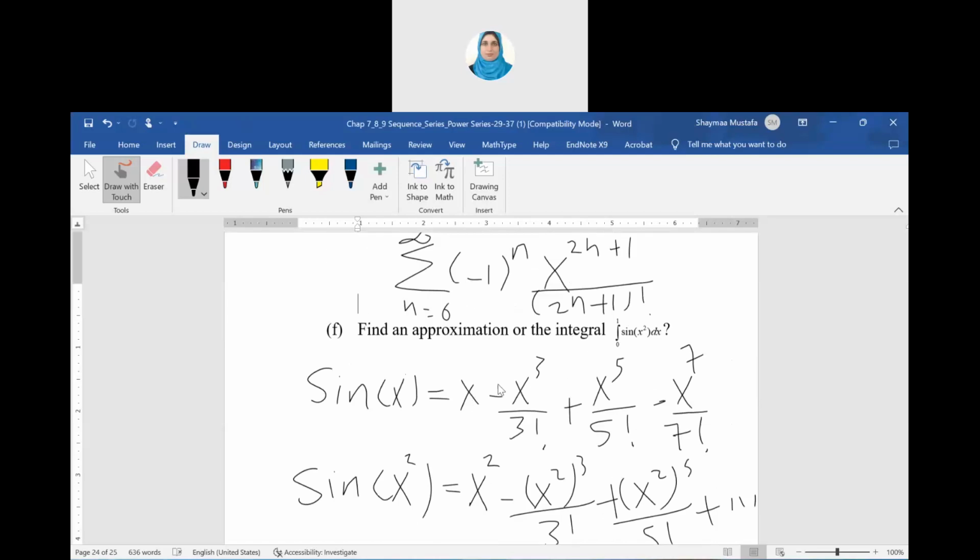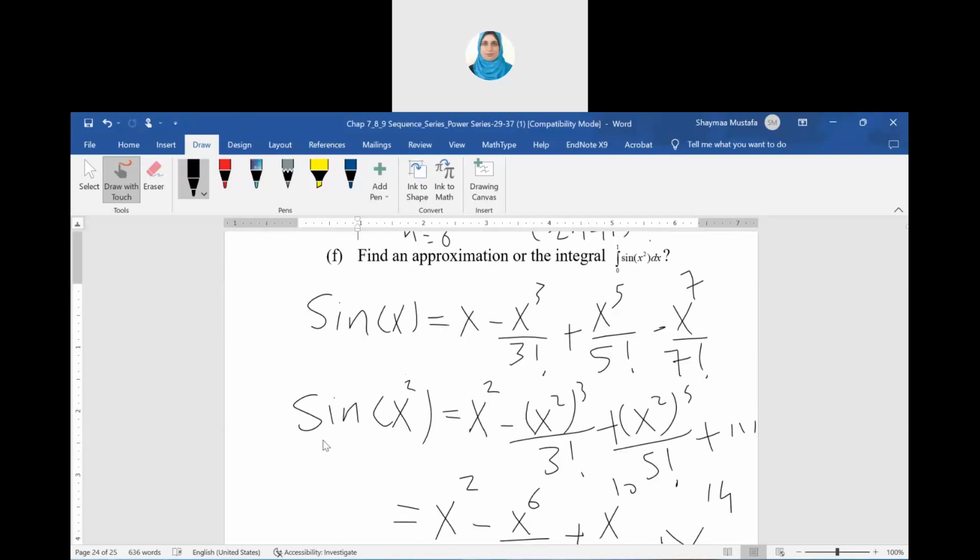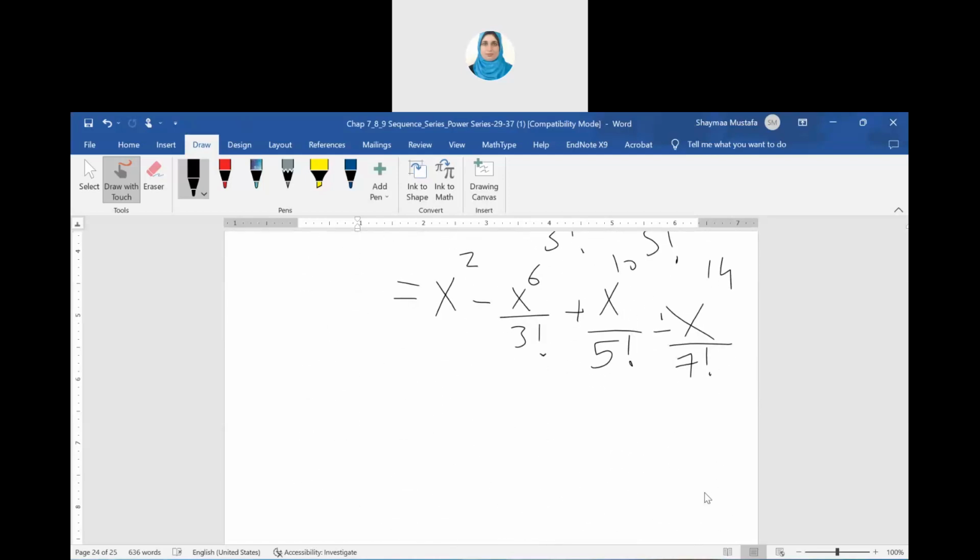Okay, now we need to find the integration from 0 to 1 of sine x squared. So instead of integrating sine x squared directly, you need to integrate these terms only.